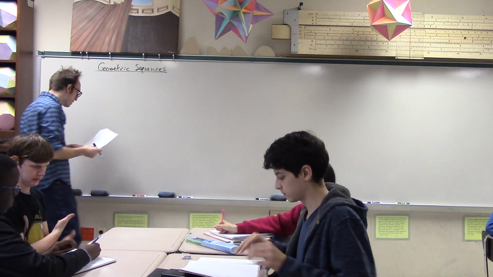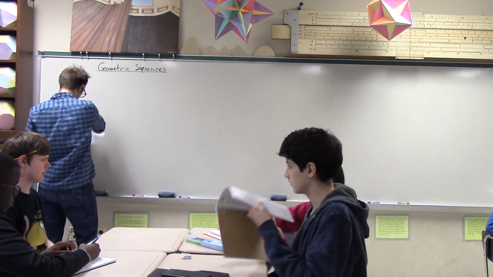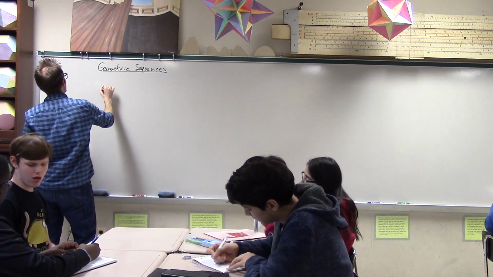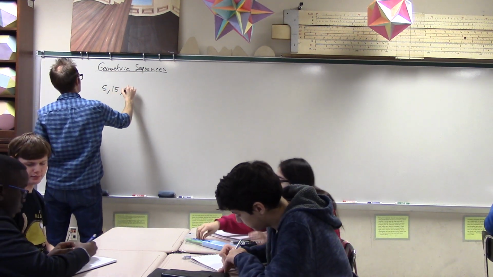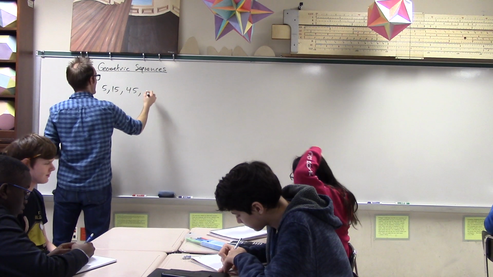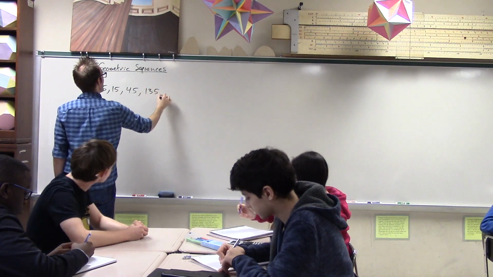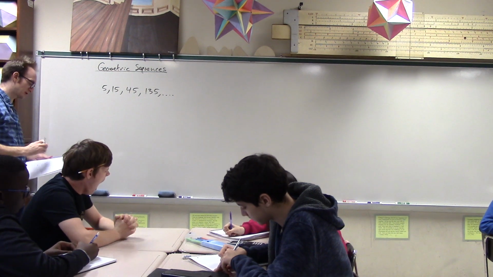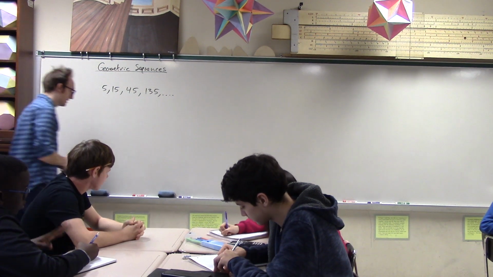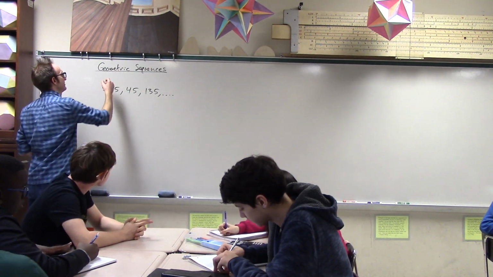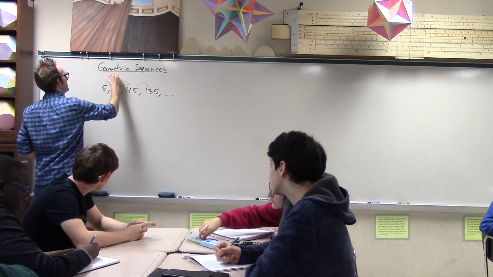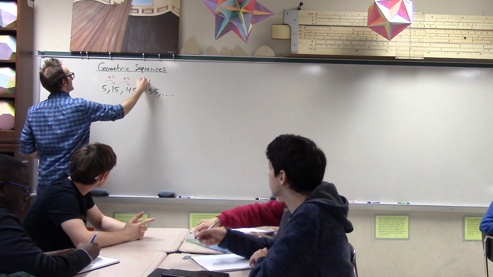For example, 5, 15, 45, 135, etc. This sequence we say is geometric. And the reason it's geometric is because each time we are just multiplying by 3.